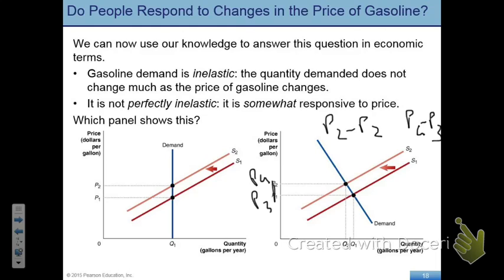Which means that in this case, the size of the price rise is going to be much larger than the size of the price rise in this case. In this case, part of the shift, part of the changes in the supply is going to be borne by our suppliers. Make sense? Okay, good.